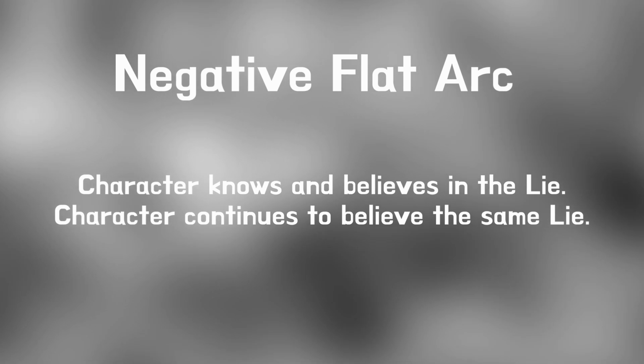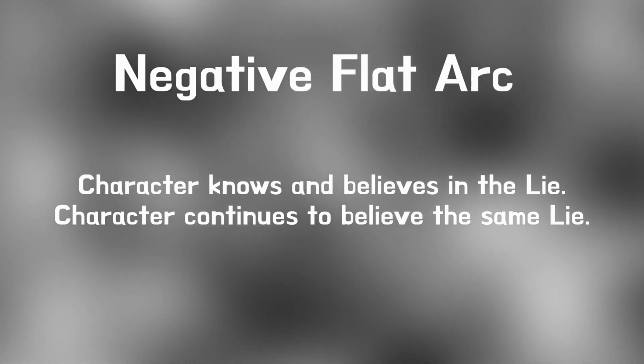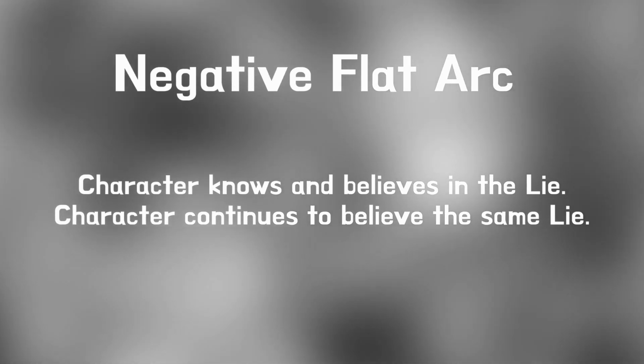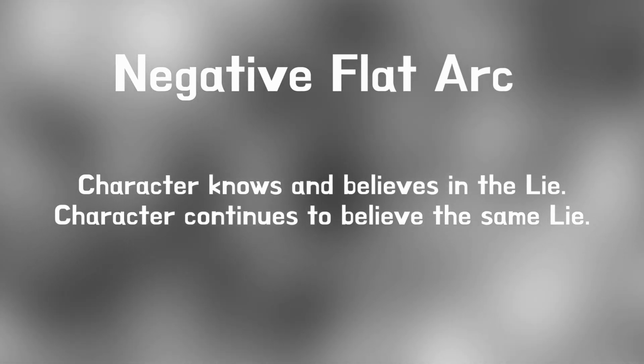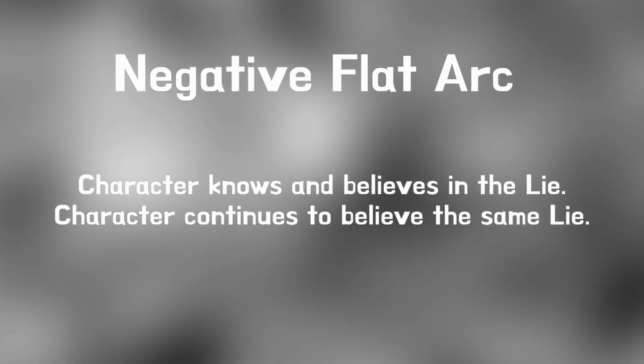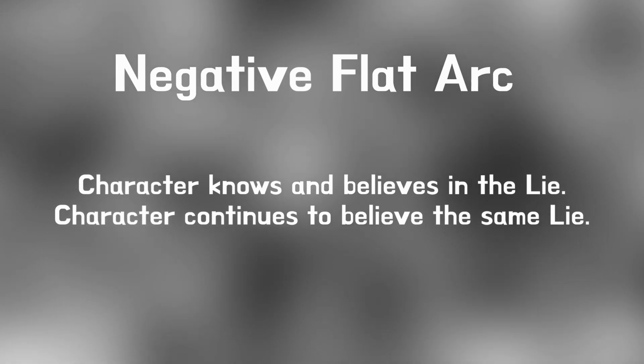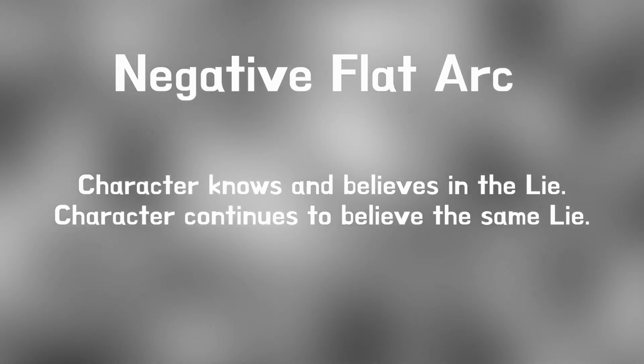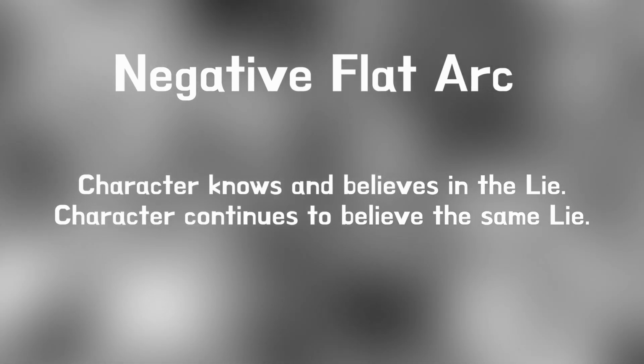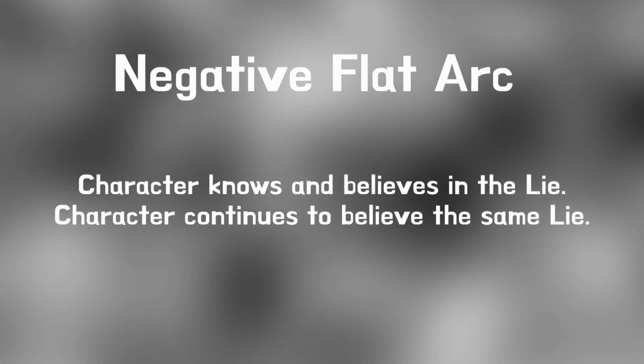On the surface, sometimes a negative flat arc can look like any other negative arc, but the difference here is that the same lie that is believed at the start, or the same negative truth that is believed at the start, is still believed at the end of the story.